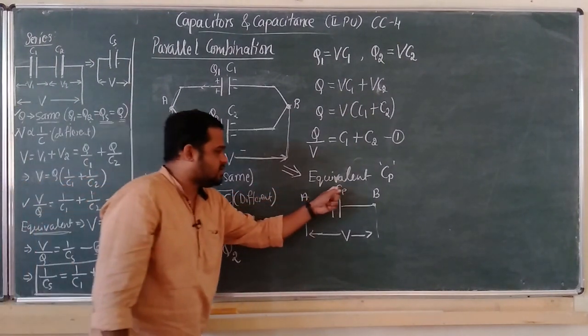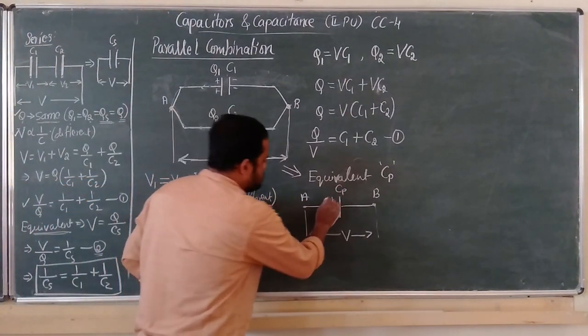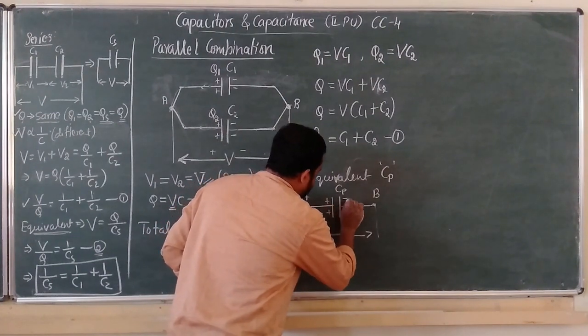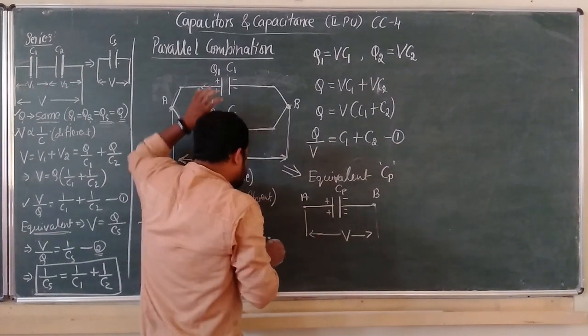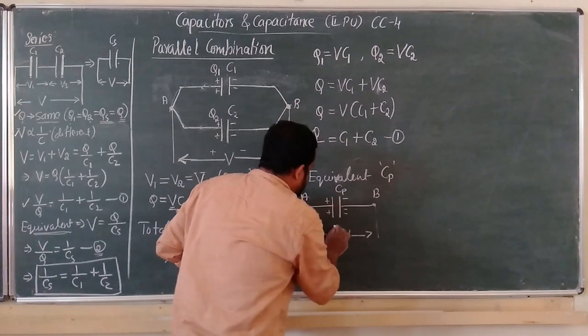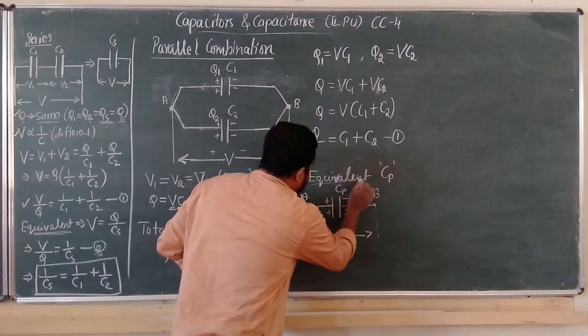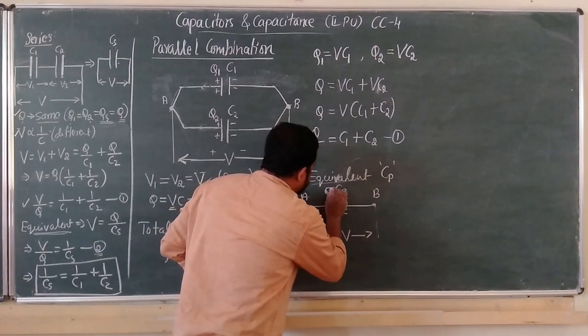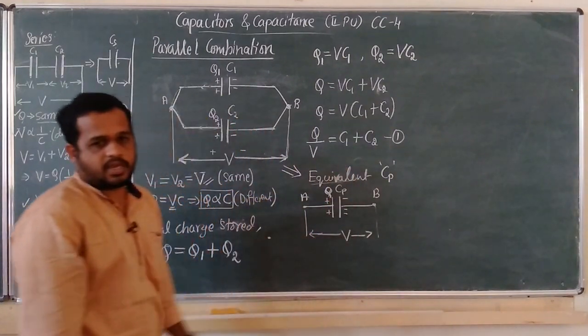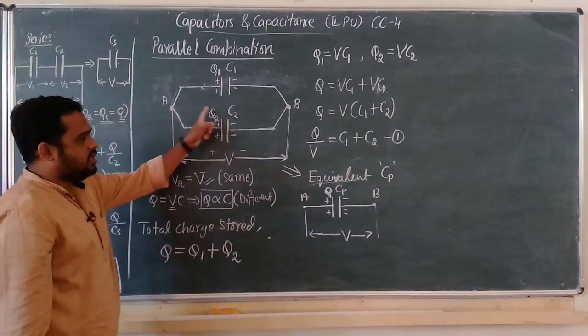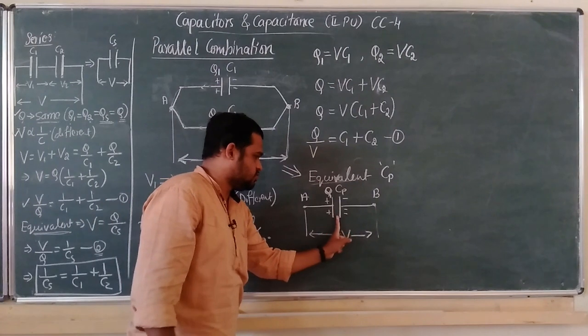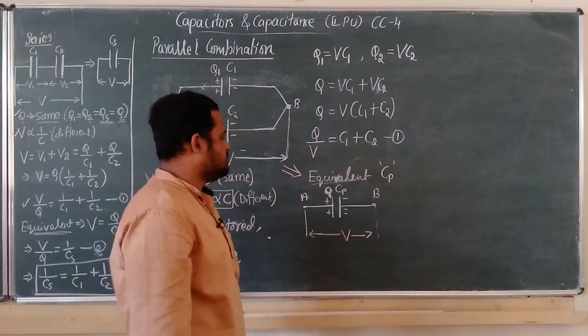This capacitor is said to be equivalent if it stores the same amount of charge as that stored by the parallel combination. That means the amount of charge stored in this capacitor will be Q. Total charge stored in the combination and total charge stored in this capacitor is the same, therefore Q is the charge.